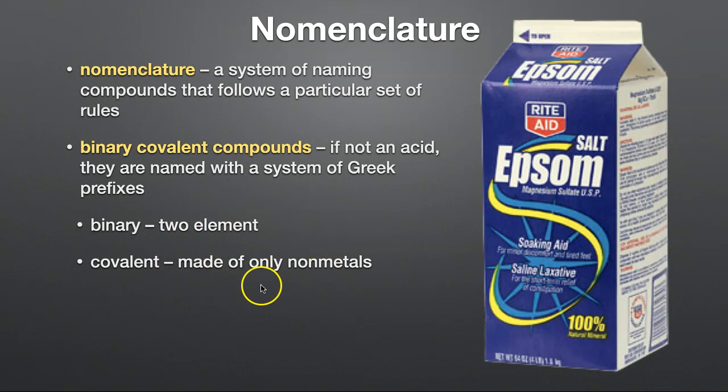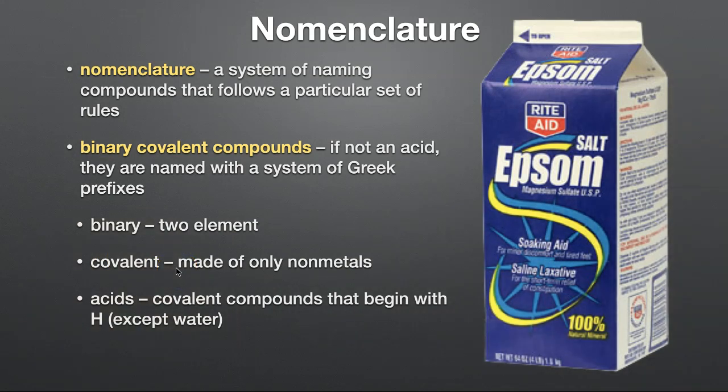As we learned in the last chapters, covalent compounds are elements with high electronegativities, like nonmetals, that share their electrons. And then in the definition here it says that even if you have a binary covalent compound, it needs to not be an acid. So let me give you an idea of how you'll be able to tell if it's an acid.